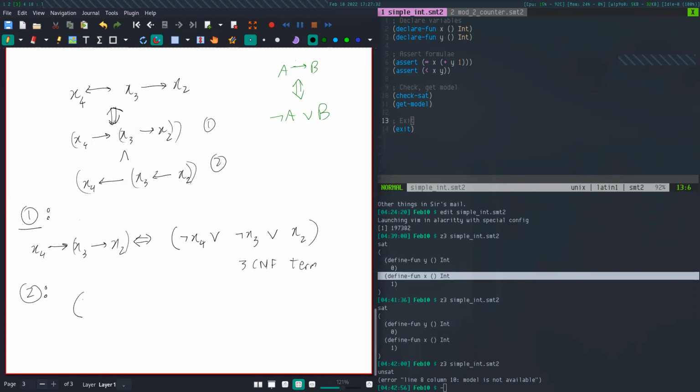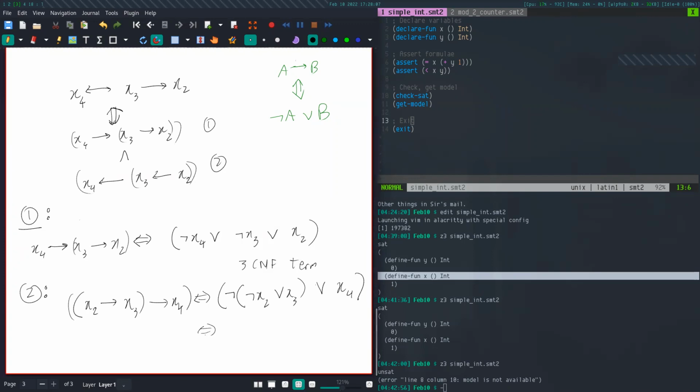So we have x2 implies x3, and this entire thing then implies x4, right? If we do the same thing, it will basically be not of (not x2 or x3), or x4.